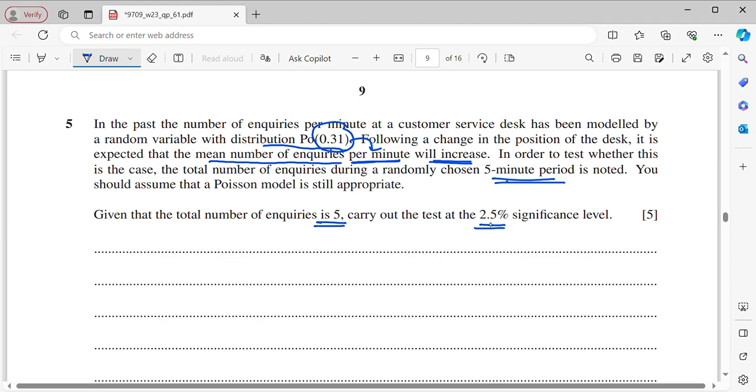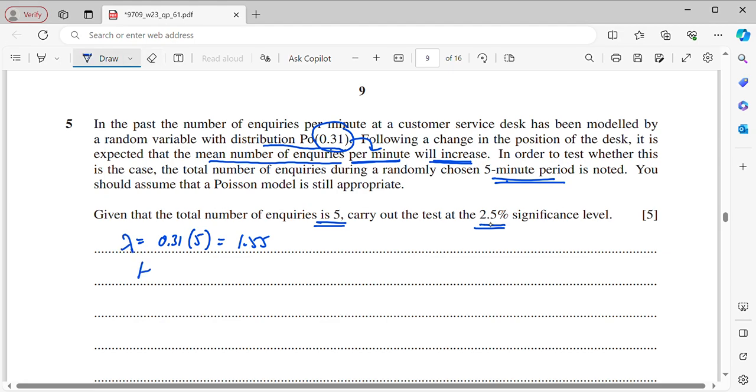So this is the hypothesis testing regarding the Poisson distribution. Okay, so now first of all, I have to recalculate what my mu is. My mu is 0.31 times 5 because the 0.31 is for 1 minute. So now we consider 5 minutes, so it will be 1.55. Right? You can write mu or you can write lambda, same for both.